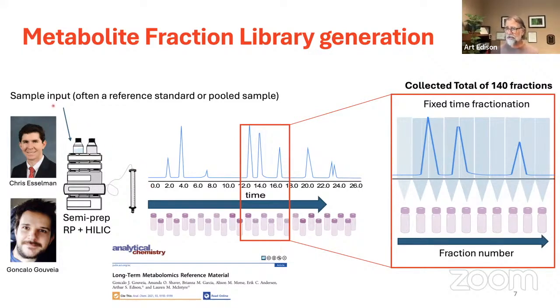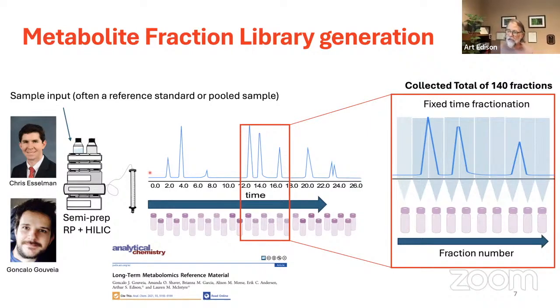So the idea is that the sample is put into semi-preparative HPLC. We either use reverse phase C18 type chromatography or HILIC chromatography, fairly big columns. We're not trying to get perfect separation out of this. We're trying to just be efficient, and we just collect a chromatogram.